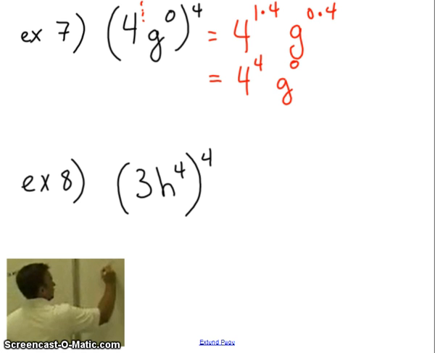Well, g to the 0 is just 1. And 4 to the fourth, if you multiply it out, is 16 times 16, 256. So we have 256 times 1, which is 256.